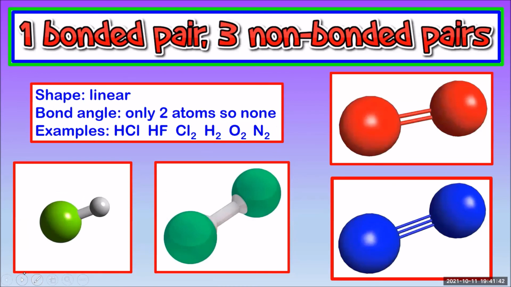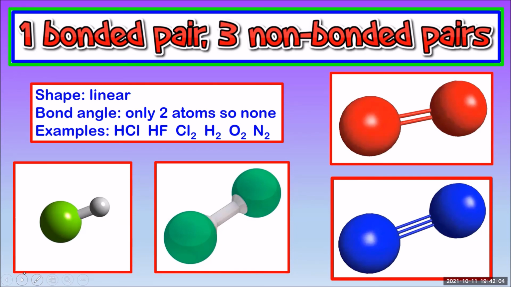One shape to go. When only one electron pair is a bonded pair, the shape is linear. There is no bond angle for this one, as these molecules are all diatomic, and you would need 3 atoms to make an angle. Examples are HCl, HF, any hydrogen halide, the diatomic molecules, chlorine, hydrogen.